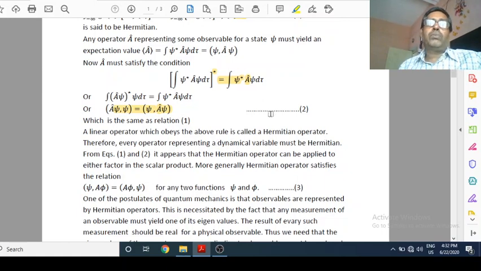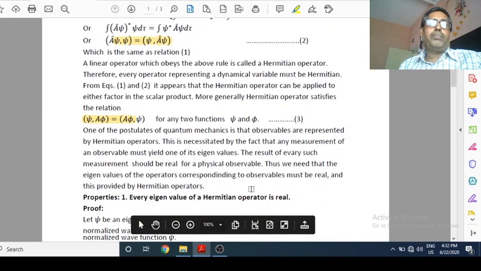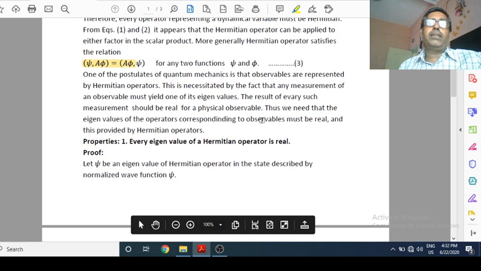From equations 1 and 2, it appears that a Hermitian operator can be applied to either factor in the scalar product. More generally, a Hermitian operator satisfies this relation. This is a general form for any two functions psi and phi. One of the postulates of quantum mechanics is that observables are represented by Hermitian operators.